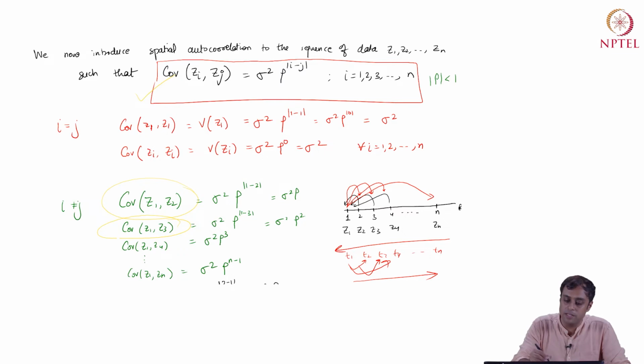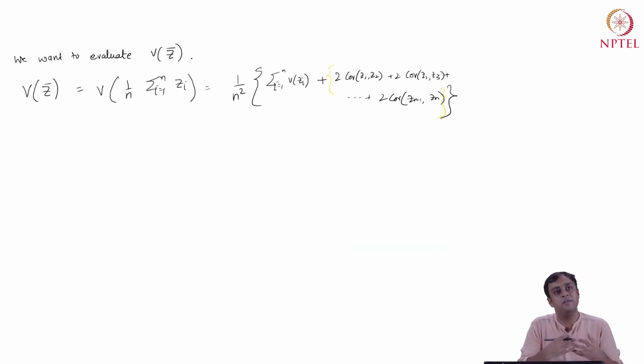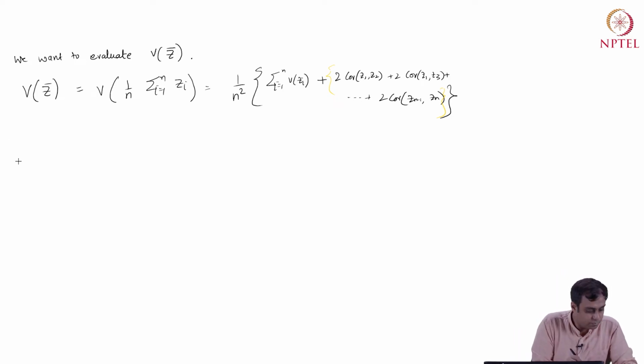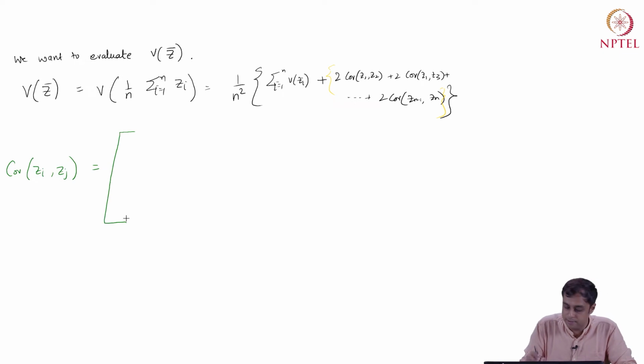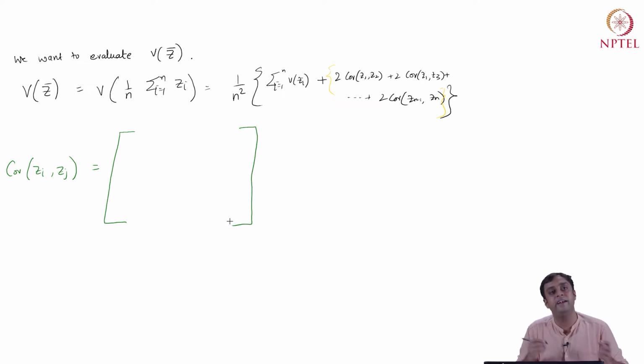So what we are going to do is introduce a variance covariance matrix, which is a very concise tool for encapsulating these covariance terms in one go. So covariance of Zi and Zj, I'm going to write in a variance covariance matrix. I have n data points, so I am going to have an n by n variance covariance matrix.